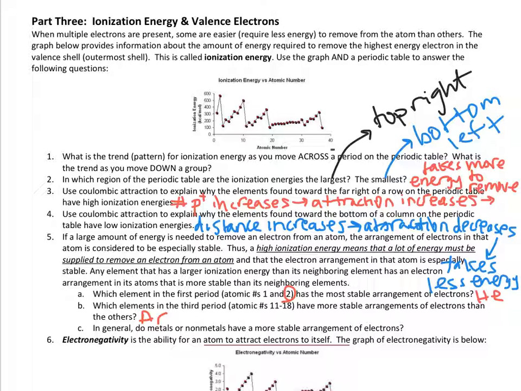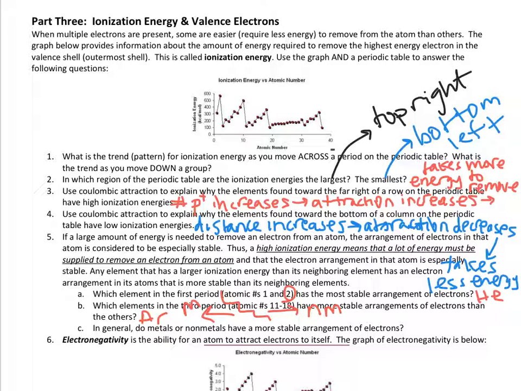Okay, so if we know that in those last two examples, the ones on the right-hand side were the ones that are most stable, well, are the metals on the right or are the non-metals on the right? Because that goes along with C. In general, do metals or non-metals have a more stable arrangement of electrons? All right, so if you remember that staircase, everything on the left of the staircase is a metal, everything on the right of the staircase is a non-metal.